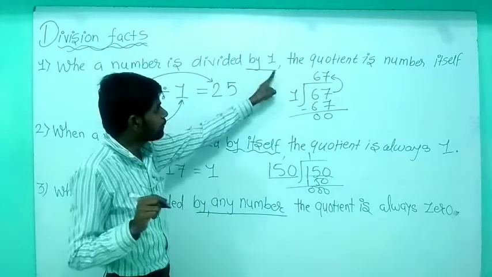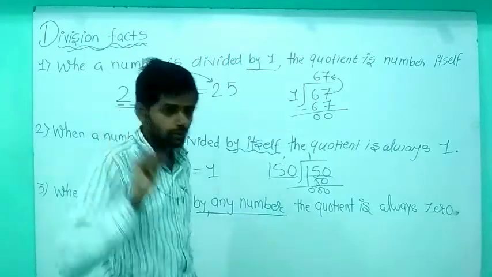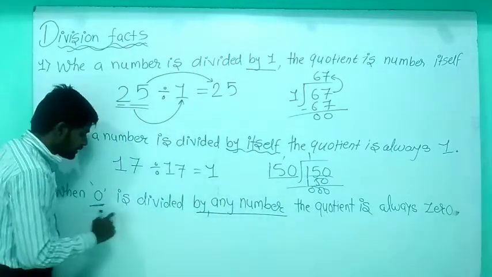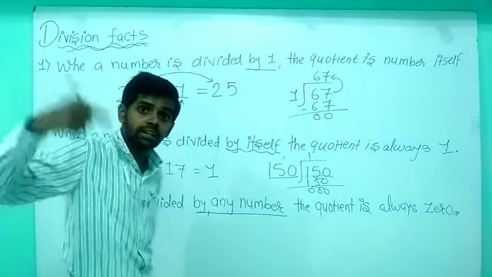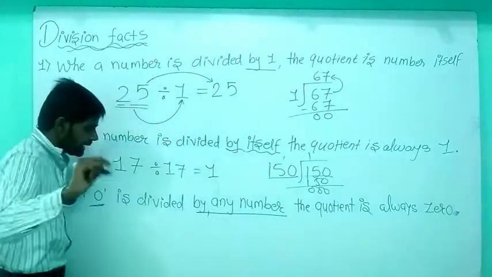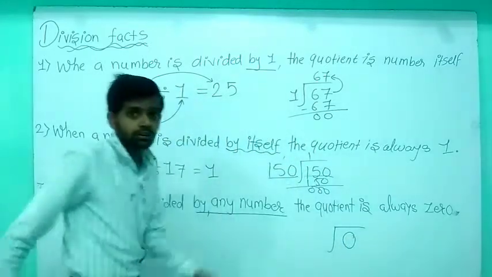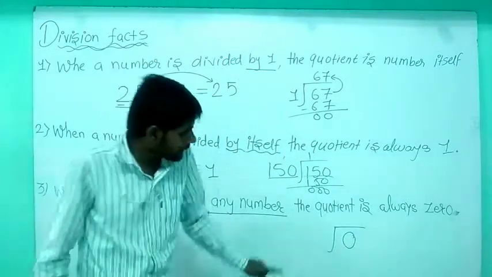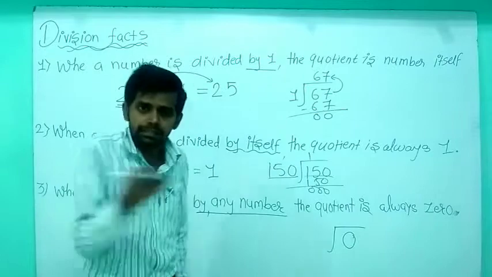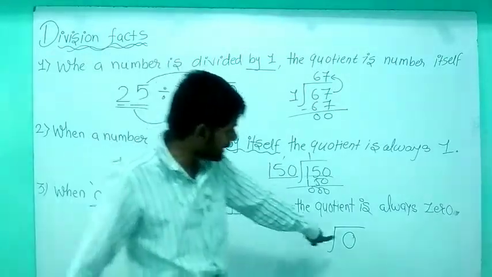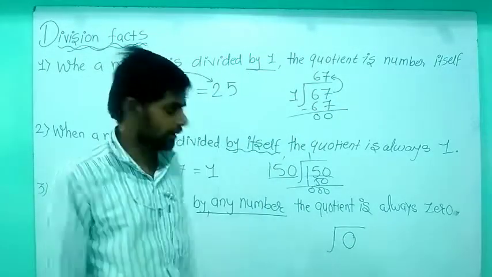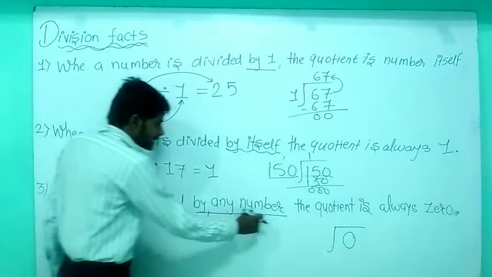By 1, so 1 is your divisor here. Okay, listen carefully, 0 is divided, what is being divided? 0 is being divided. That means here the 0 is your dividend. Got it everyone? If the 0 is inside, that means it is divided. We are dividing this 0 by any number.